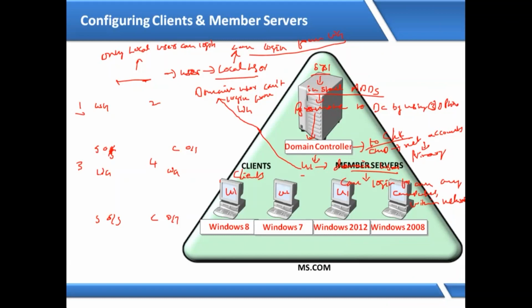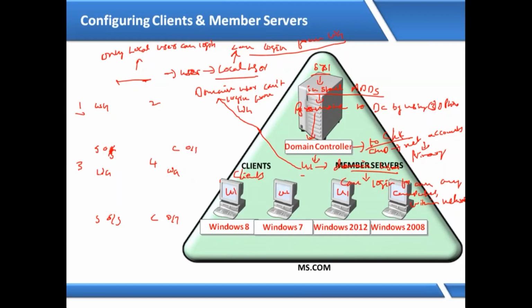Okay. So domain users can log in from any machine provided that machines are part of the domain, meaning that machine should be joined into the domain. How to join? Today we'll see. Before joining, those machines are called workgroup machines, either with server OS or with client OS.